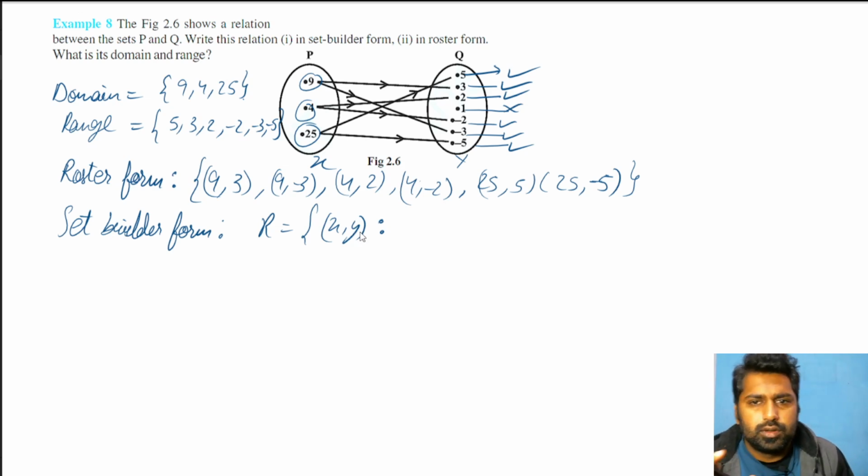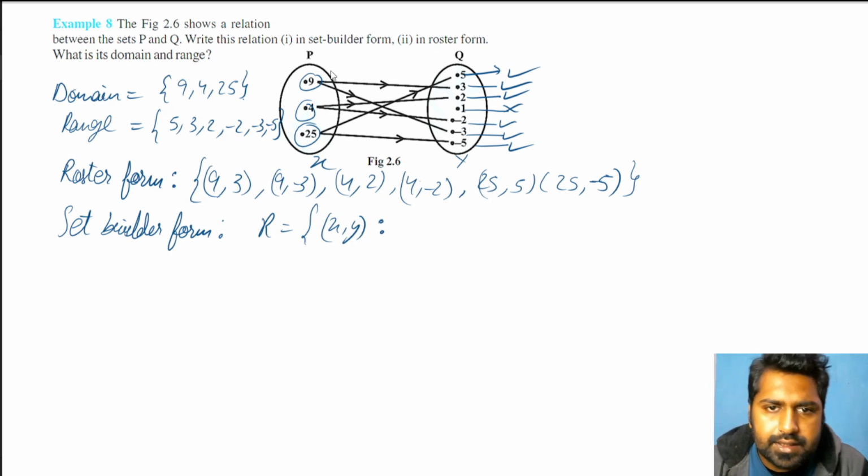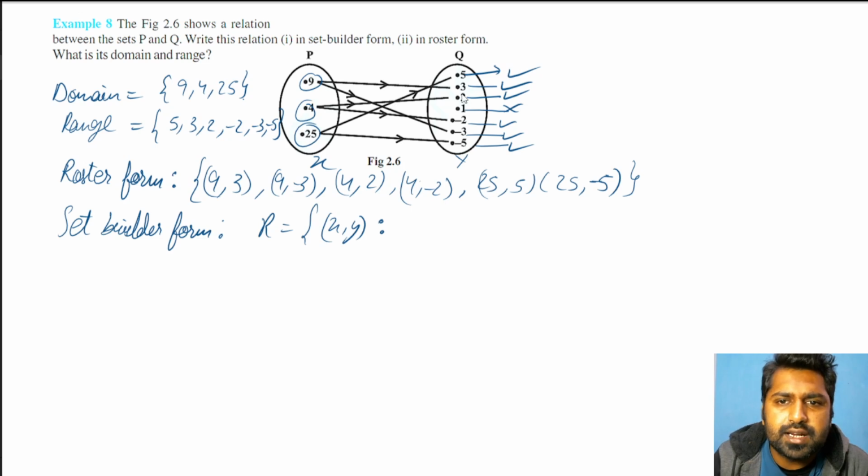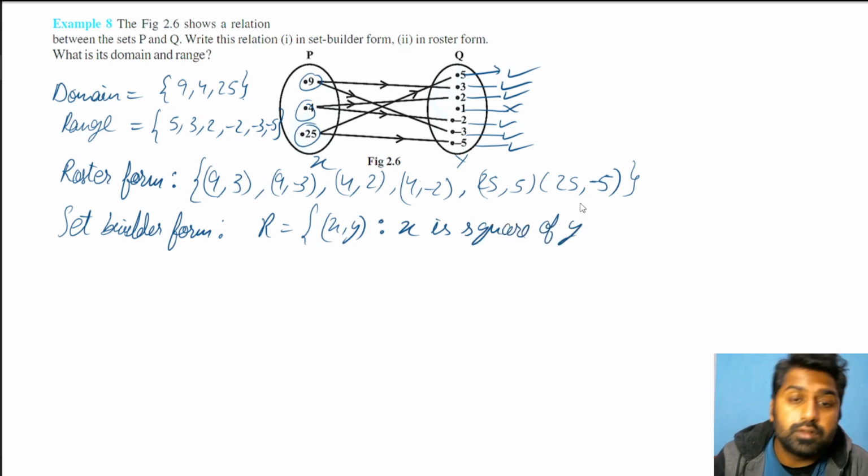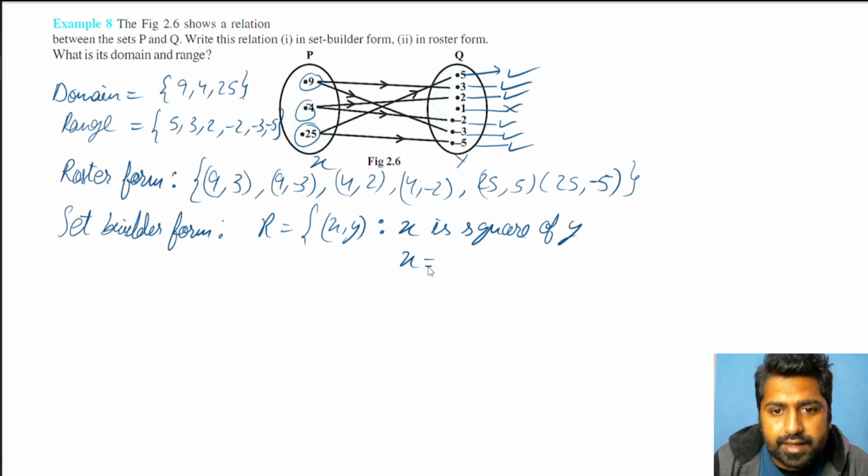So you can clearly see that these numbers 9, 4 and 25 are squares of the numbers that are being written here. So x is square of y. I told you we can write in terms of language, or we can write x is equal to y square, your call. Either write this x is square of y, or you can write mathematically also.